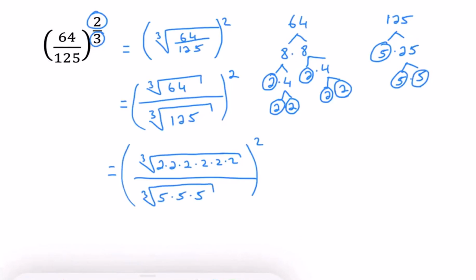We are working with the cube root, so we need 3 of the same thing. So here we have three 2s, so this gets out a 2. We have another three 2s, so this gets out another 2. So nothing is left on the inside. On the bottom, we have three 5s, so all of them get out a number 5.